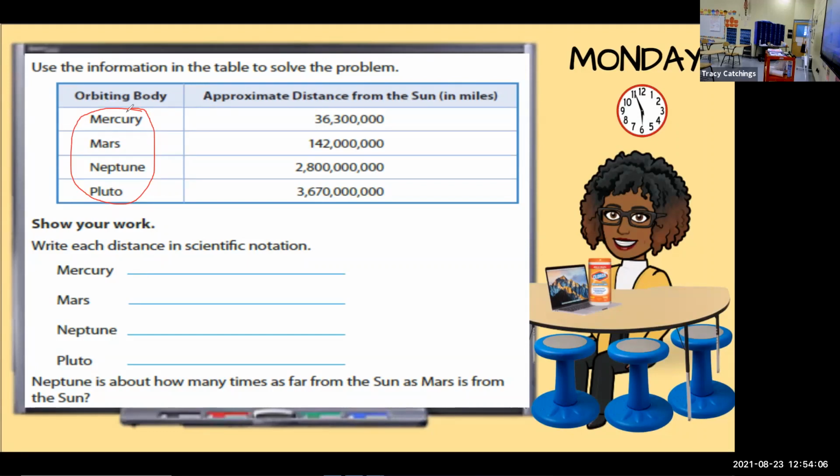All right. Destiny Nicholson, can you help us write Mercury in scientific notation?